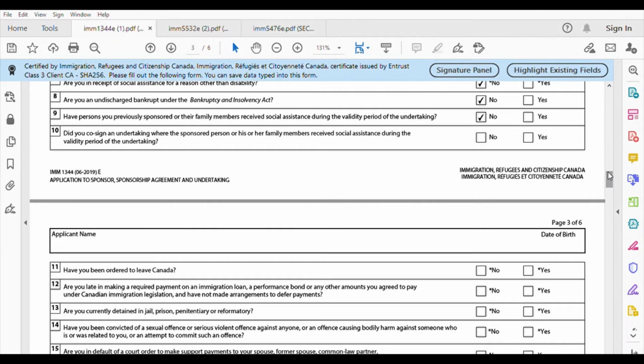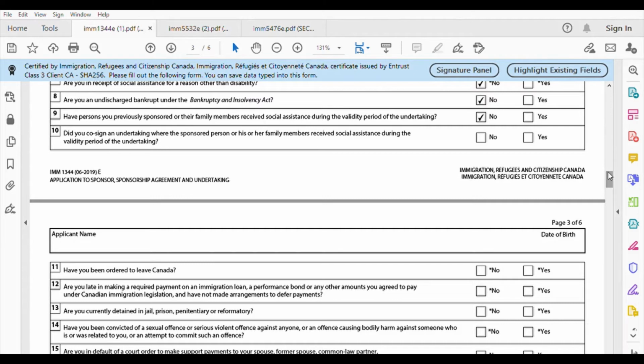Undertaking is the period after the principal applicant got approved as a permanent resident in Canada. So there is like a contract between the sponsor and the principal applicant. It depends on the type of the principal applicant, if it's a partnership or a spouse or a child. This is the period that the sponsor is responsible for the principal applicant financially.